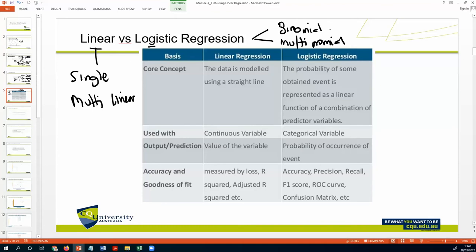So what is the difference between linear regression and logistic regression? The core concept of linear regression is using a straight line.